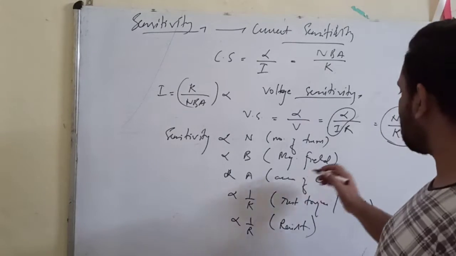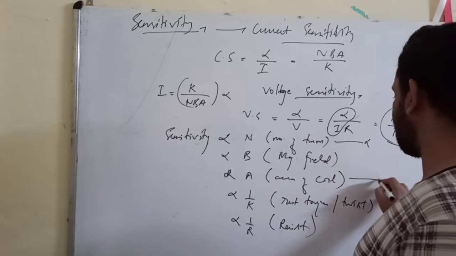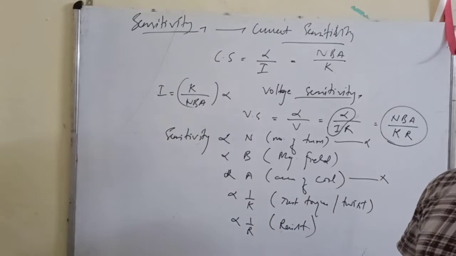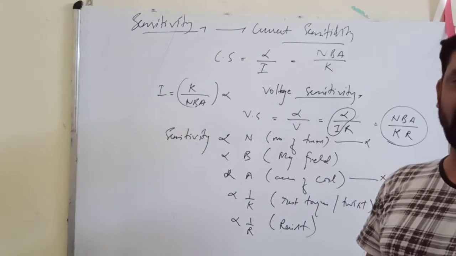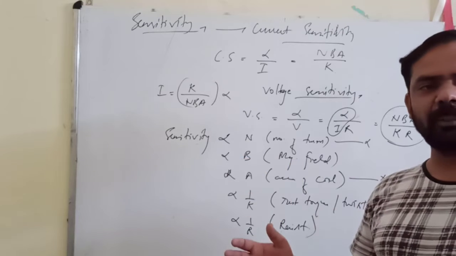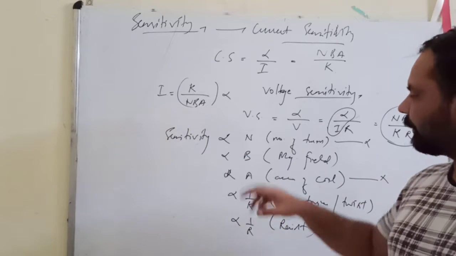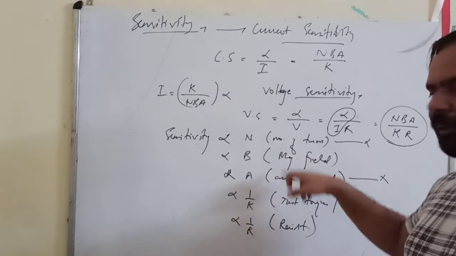However, increasing the number of turns or the area of the coil are not practical, because beyond a certain limit the size of the galvanometer will be very large and difficult to carry.